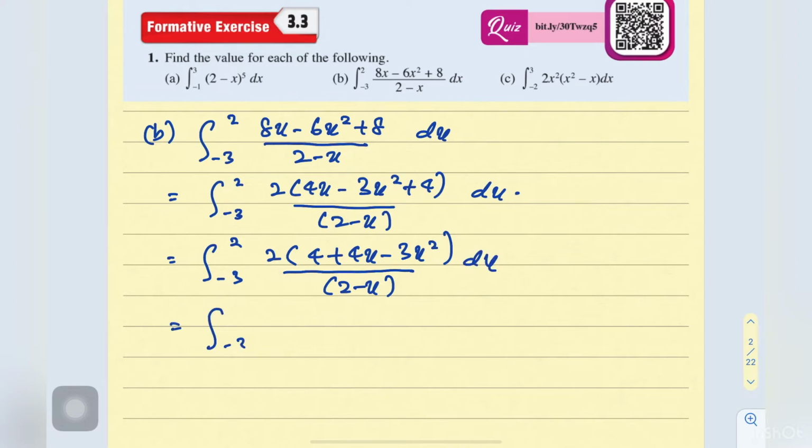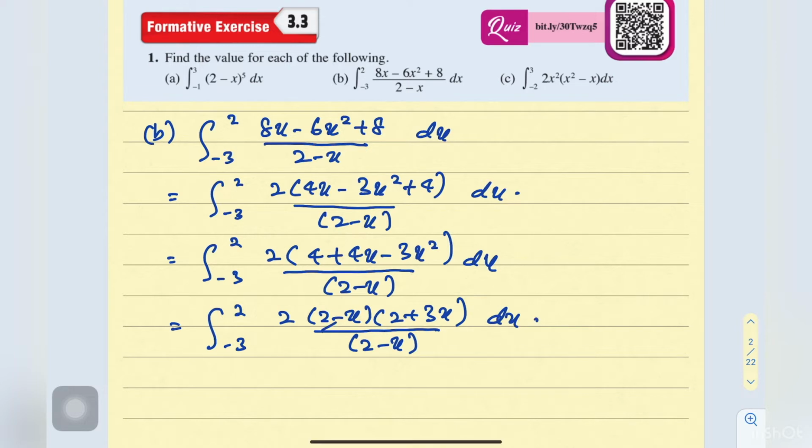Okay, so we factorize, this one becomes (2 minus x)(2 plus 3x) over 2 minus x dx. Okay, so we can cancel all this. So we integrate this one. Okay, so it becomes 2x plus 3x squared over 2.